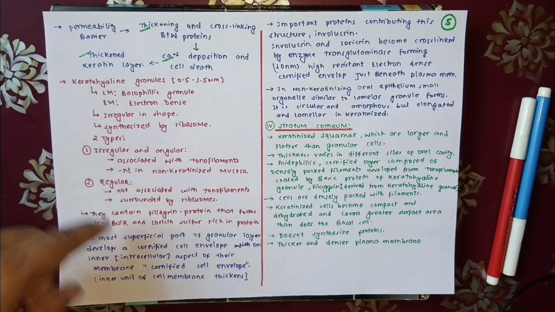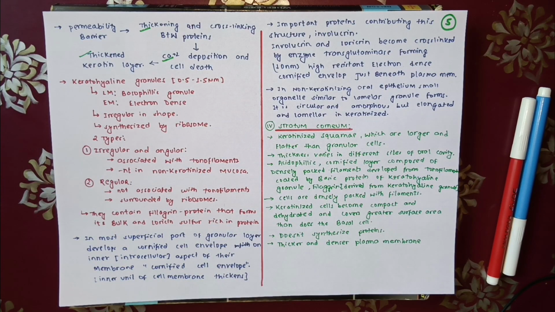This is how the keratin layer, the stratum corneum layer, forms in the upper portion of the stratum granulosum. The Odland body secretes the glycolipid that forms the permeability barrier, over which there is thickening and cross linking of the proteins, and upon those proteins there is calcium deposition.